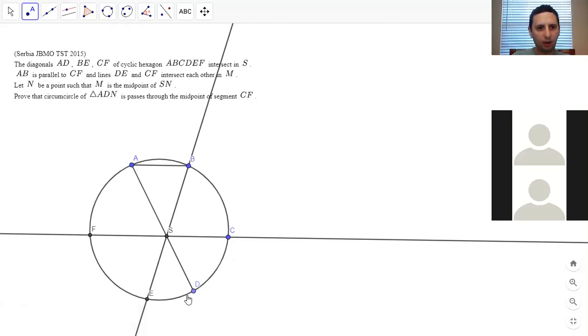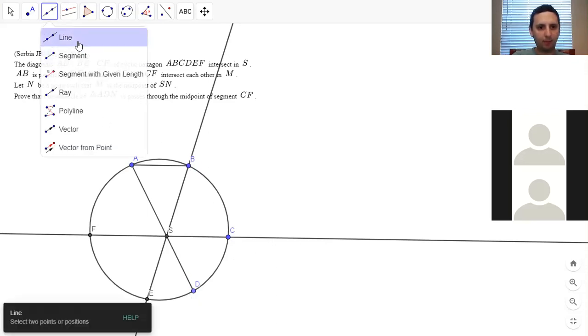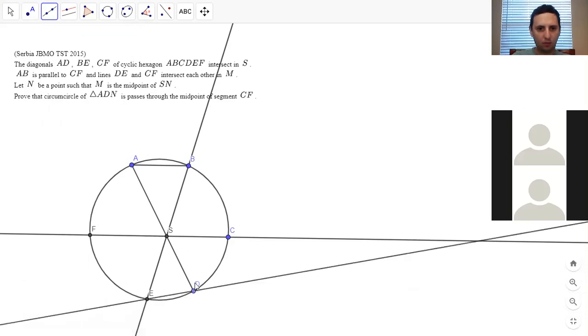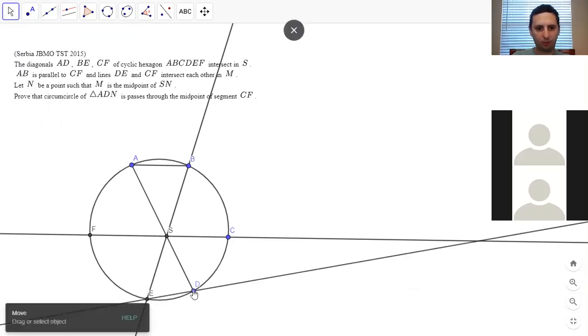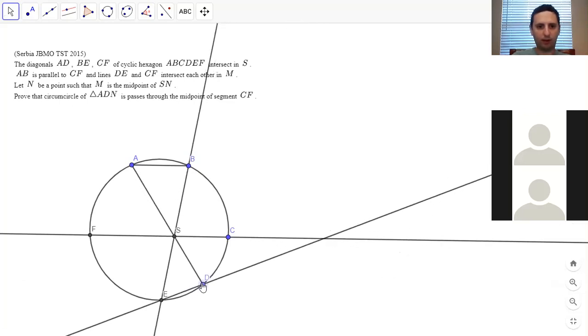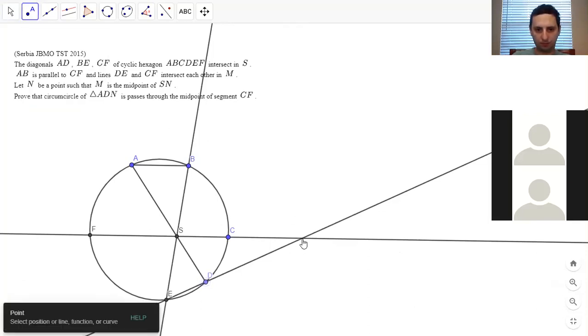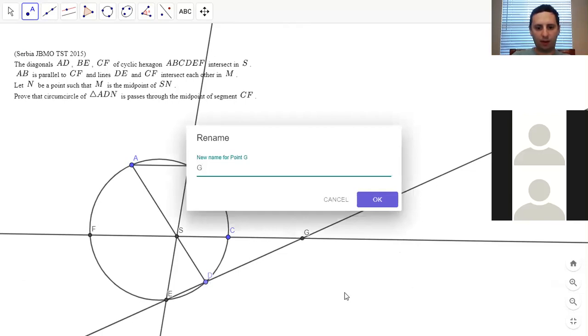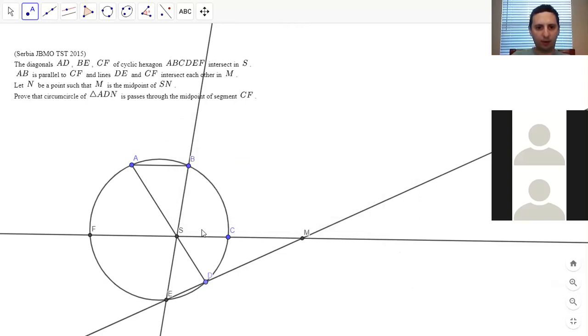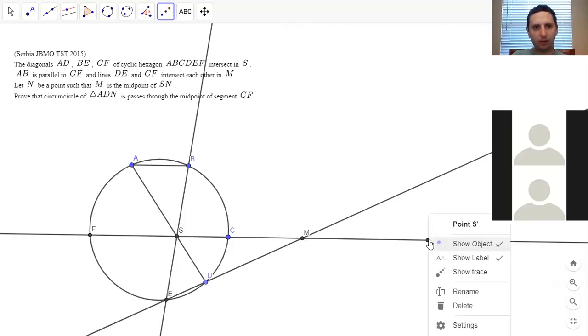DE and CF intersect at M. Let's see if we can make that a little bit closer. And N is a point such that M is the midpoint of SN. So basically we reflect S over M. So this should be N.